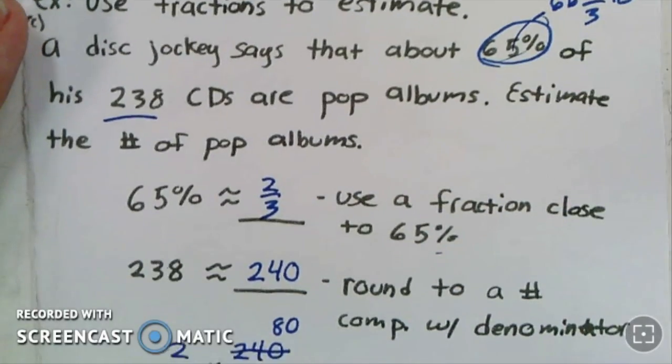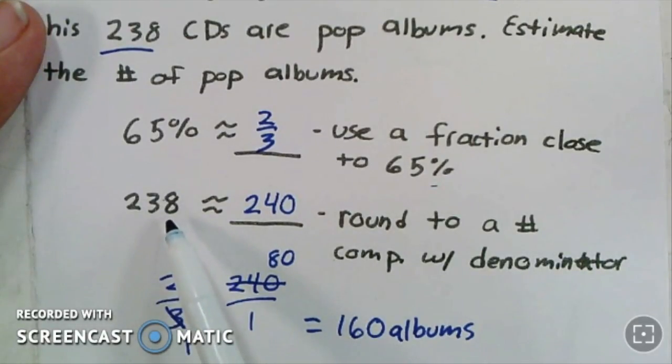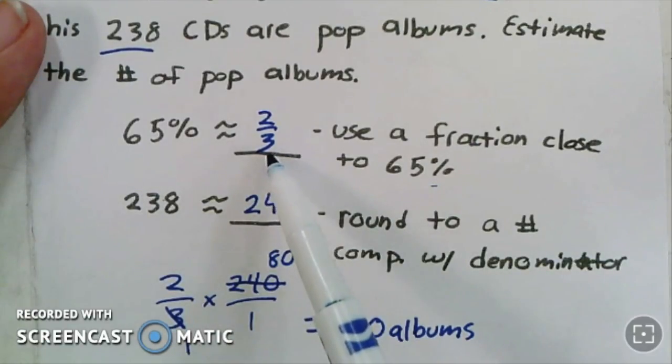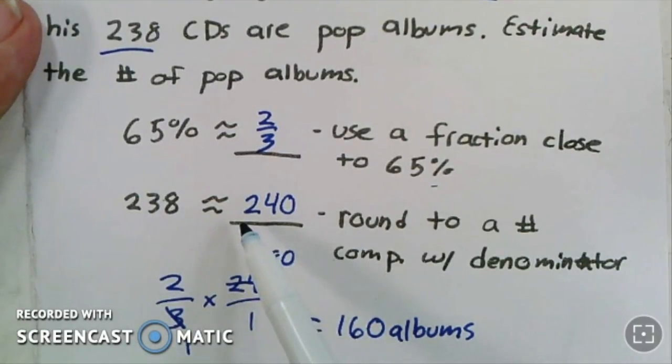The next thing I have to do is find a number close to 238 that easily divides by 3. That's because we're going to be dividing by 3 when we break this into groups. I use my little trick of adding the digits up to figure out what is divisible by 3, and I found that 240 is divisible by 3, because 2 plus 4 is 6, and 6 is divisible by 3.